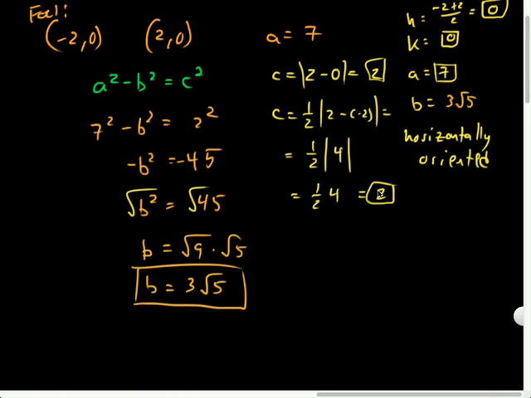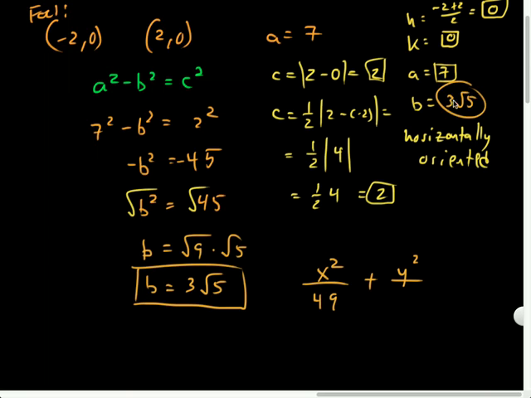So our equation is going to be x minus h, which was 0, squared over a squared, because it's horizontally oriented. A is 7, so a squared is 49, plus y minus k squared, or just y squared, over b squared.